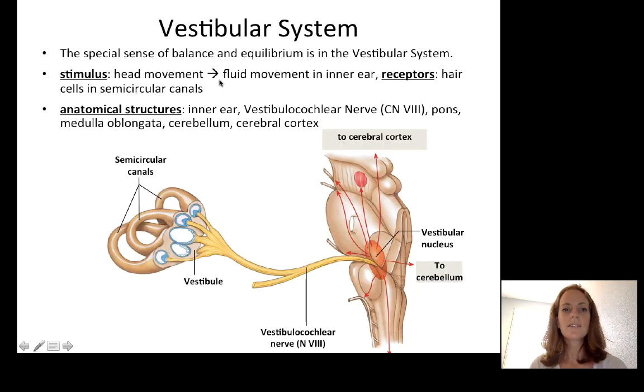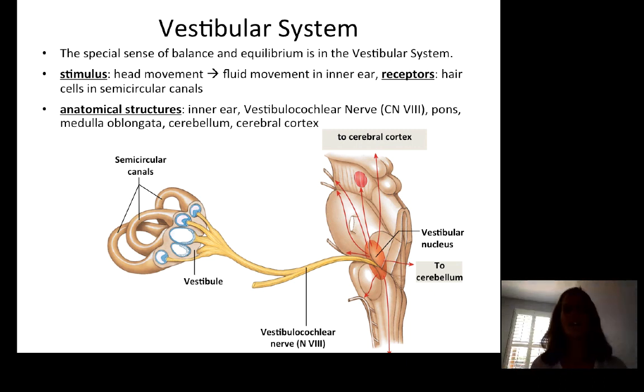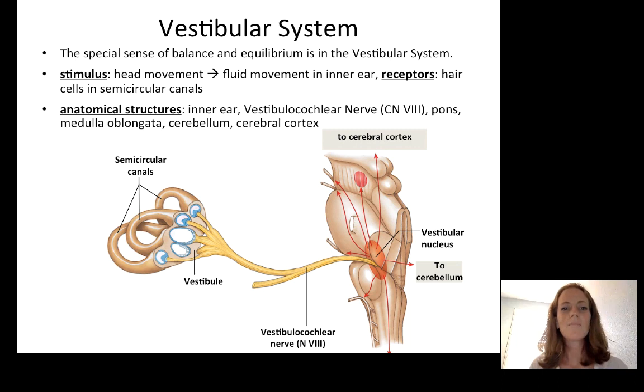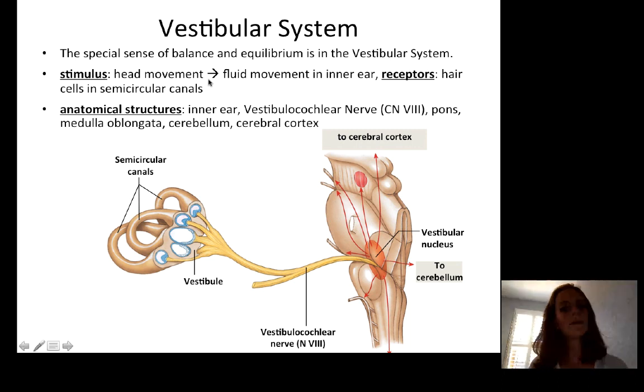The vestibular system is a special sense of balance and equilibrium. So what the vestibular system is sensing is the location of your head in space. If any of you get seasick, you can blame your vestibular system. So as your head moves, this also moves fluid in the inner ear, and that activates a different set of hair cells within the inner ear in a set of organs called the semicircular canals.